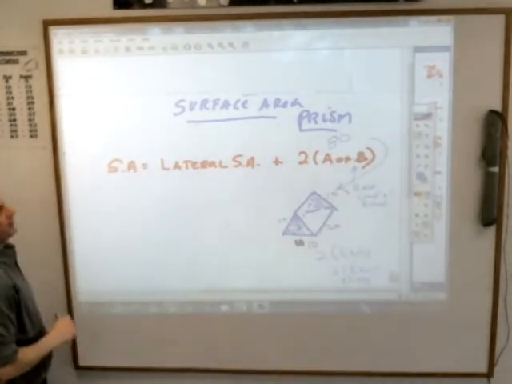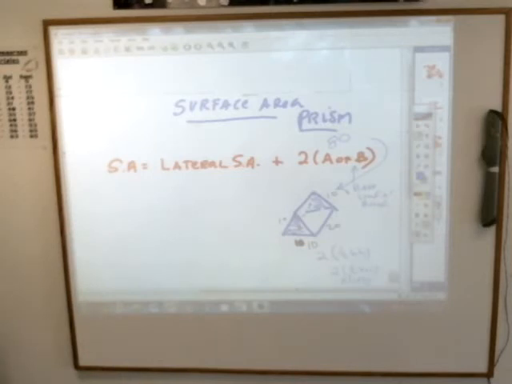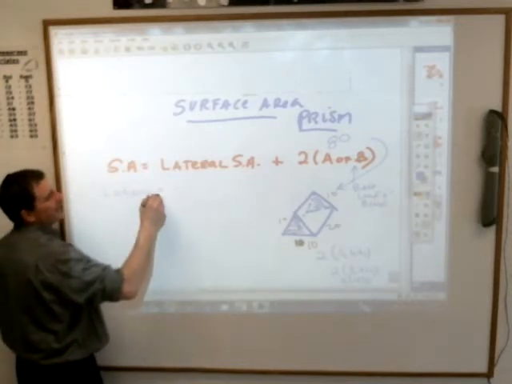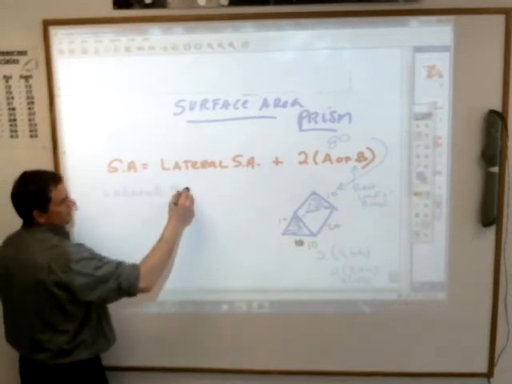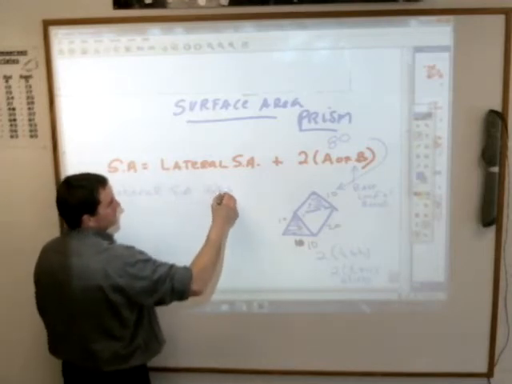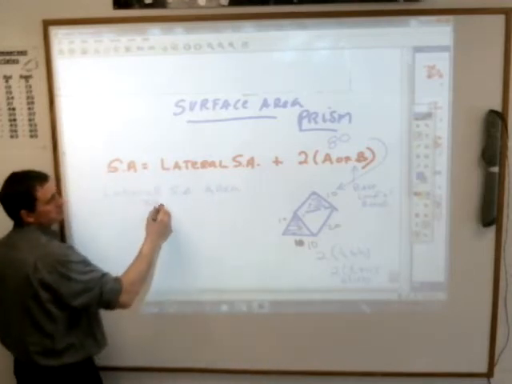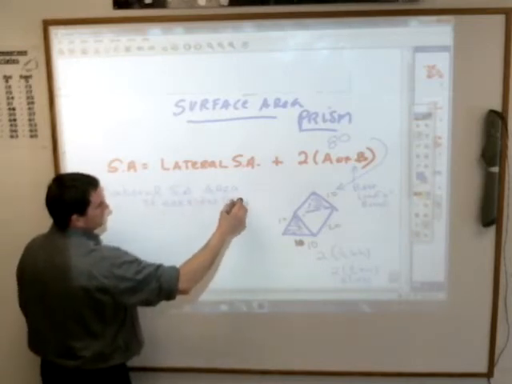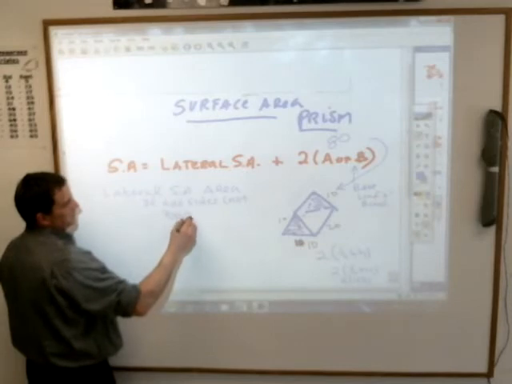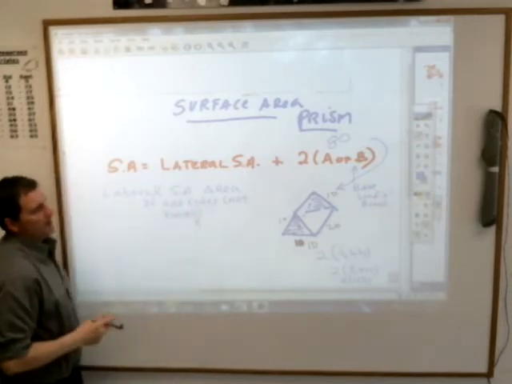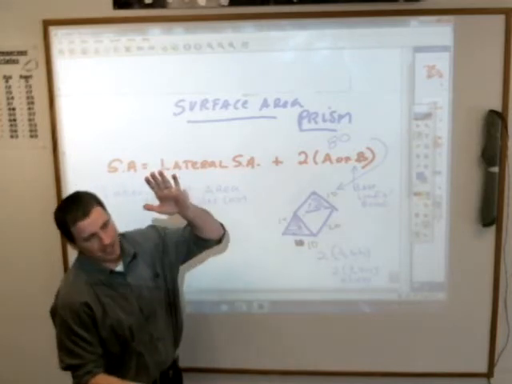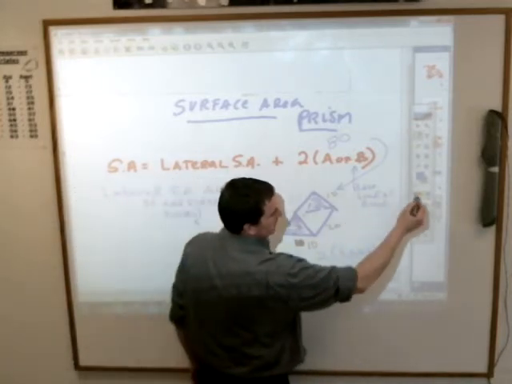Now that leads us to what in the wide world is the lateral surface area? The lateral surface area is this. In reality, it is the area of all the sides. And that means not the bases, which just kind of makes sense probably to you. So when you're talking about the sides, if it's set on its base, it's going to be the area of all the sides.